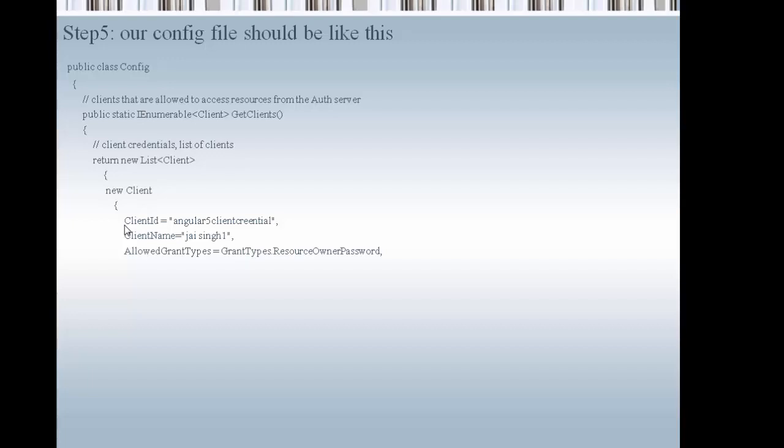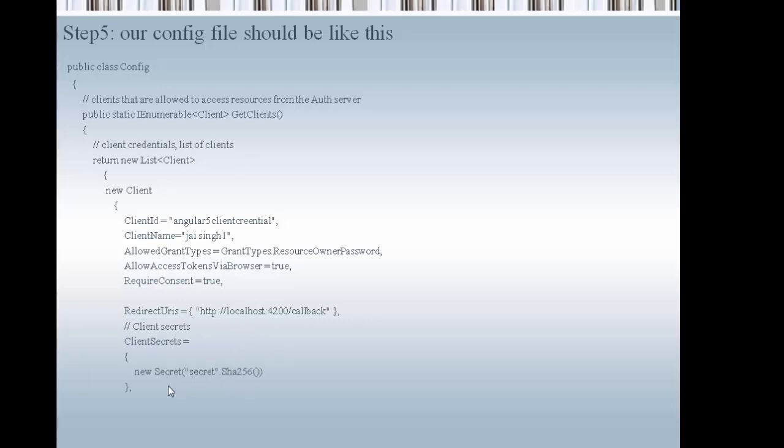So here the client ID is Angular6 client credential, the client name is Jaising, the allowed grant type is GrantType.ResourceOwnerPassword, and AllowAccessTokensViaBrowser is true. Then we will have a redirect URI. We will provide the client secret.